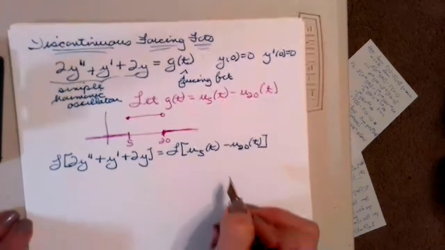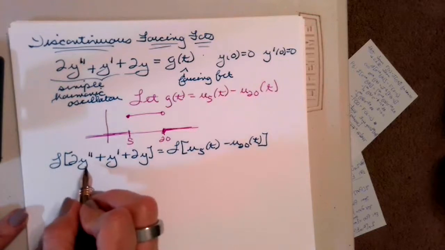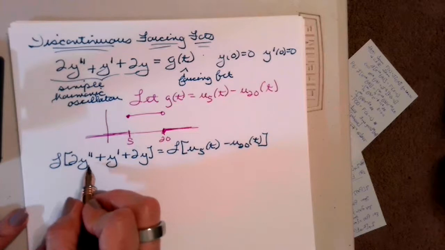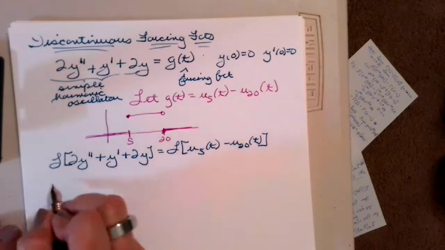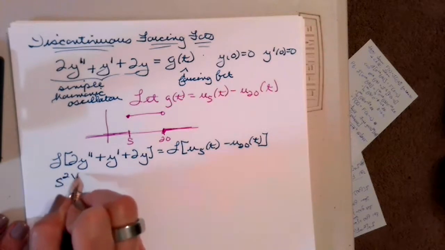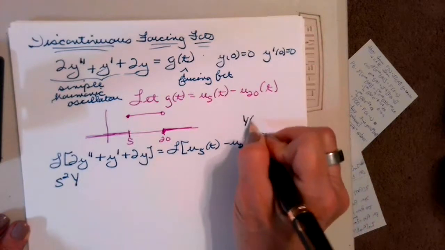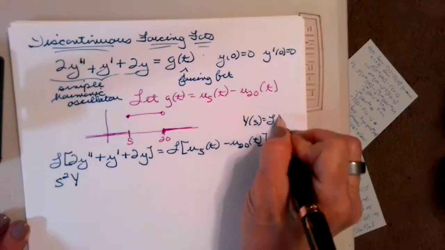Okay, so we know the Laplace transform is linear, and we know how the Laplace transform takes the second derivative and gives you back s squared times capital Y, where capital Y is the Laplace transform of little y.